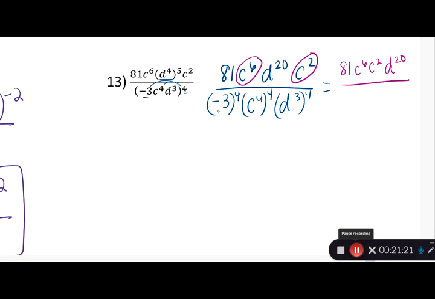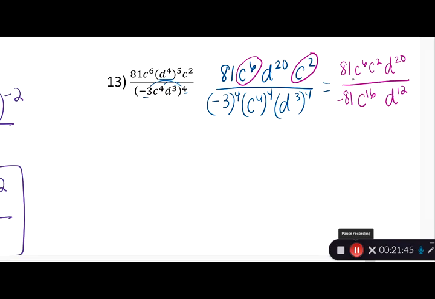Okay? Negative 3 to the fourth power is a negative 81. C to the fourth power raised to the fourth power is multiplication. So c to the 16. D to the third power raised to the fourth power, also multiplication. So d to the 12th power. Okay?